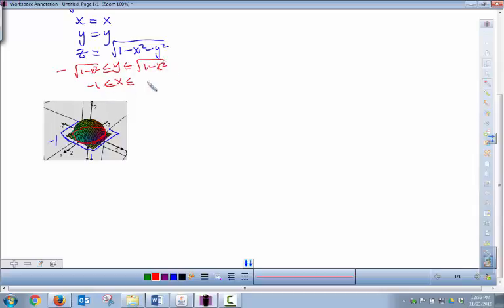And then the x values go from negative 1 to 1. So in terms of parameterizing, we're kind of looking at this as a double integral, where we're trying to find out what's happening on the domain. And if you restrict your domain to be just a circle like this, then you're going to be in pretty good shape.